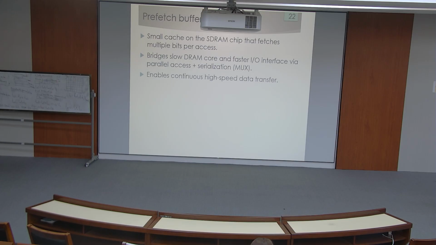So how does the prefetch buffer concept work? We have a small cache memory on the synchronous DRAM, which has to fetch multiple bits at the same time. So this needs to bridge the slow DRAM core and the faster input-output interface via the parallel access. It also has to enable the continuous high-speed data transfer.